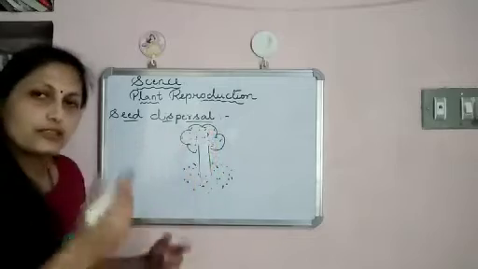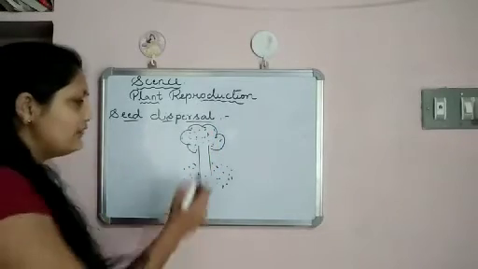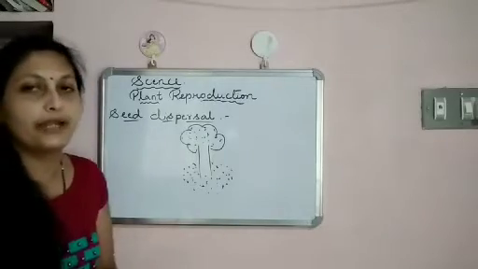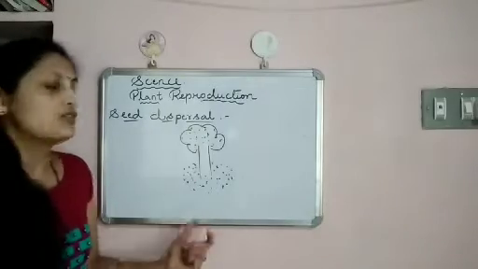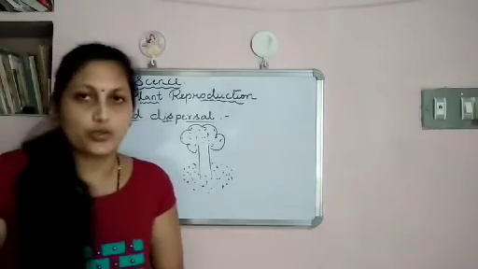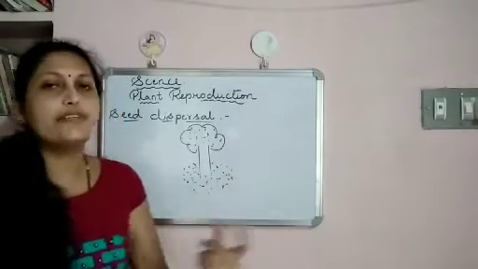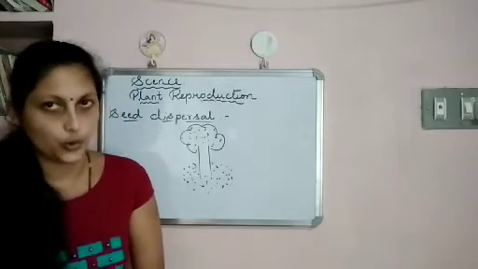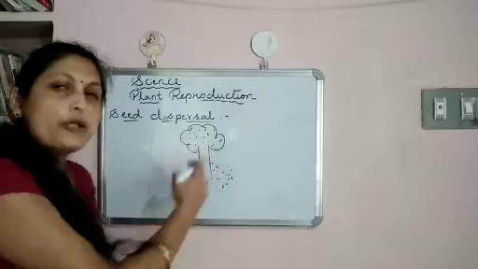You know that from these seeds we get new plants, isn't it? Seeds germinate into new plants. They bear several number of seeds, and what happens if all these fall under the same parent plant? You can see that they do not get proper area to grow. There is not enough space to grow, and it is also overcrowded, isn't it?